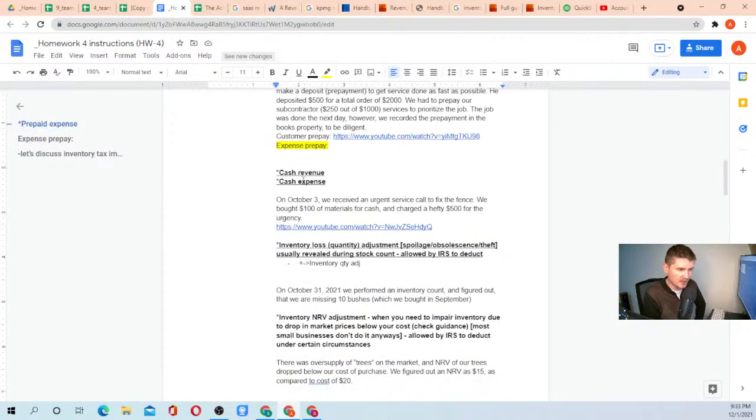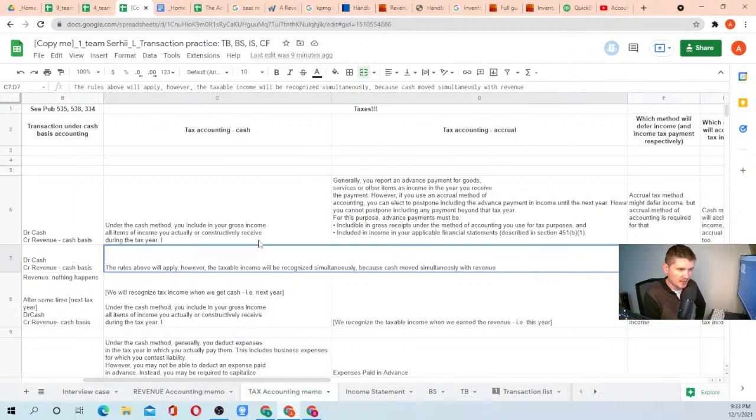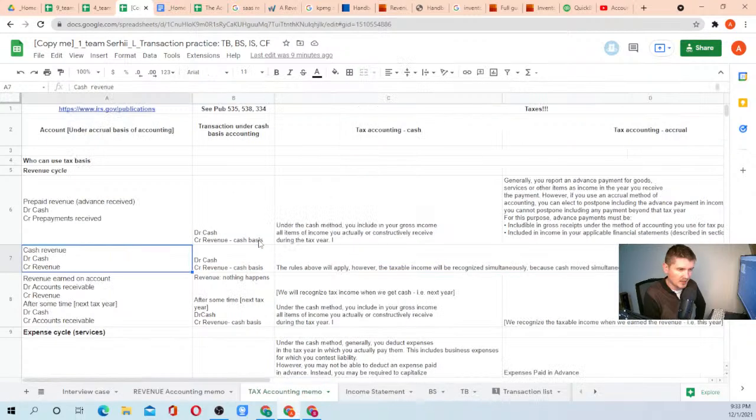Okay, let's move on. Cash revenue, cash expense. It's basically the simplest option. You recognize revenue and expense and cash moves at the same time, and for taxation purposes you also recognize under both methods, under cash method and under accrual method, everything at the same moment.